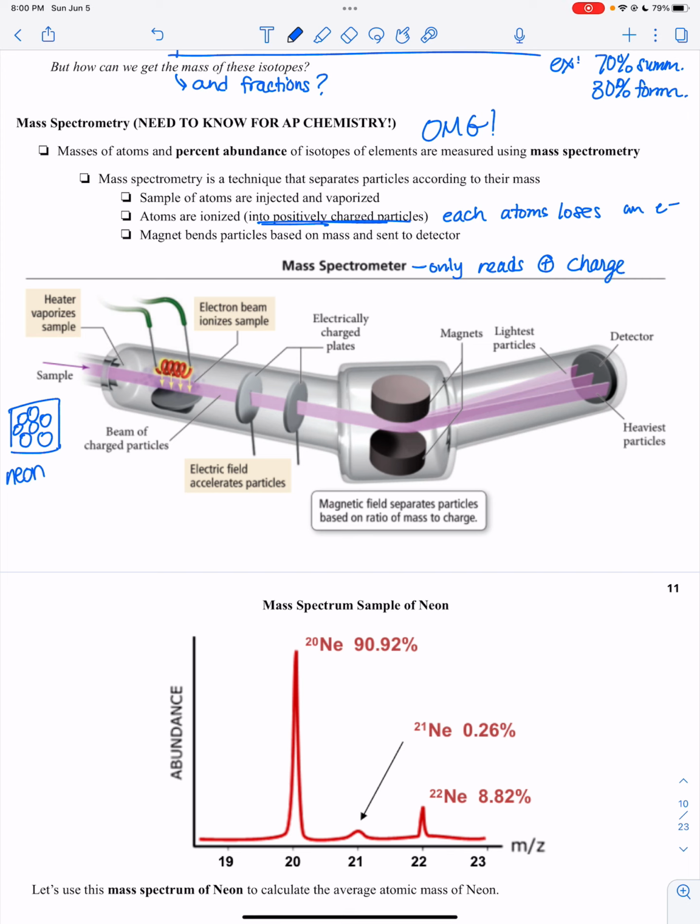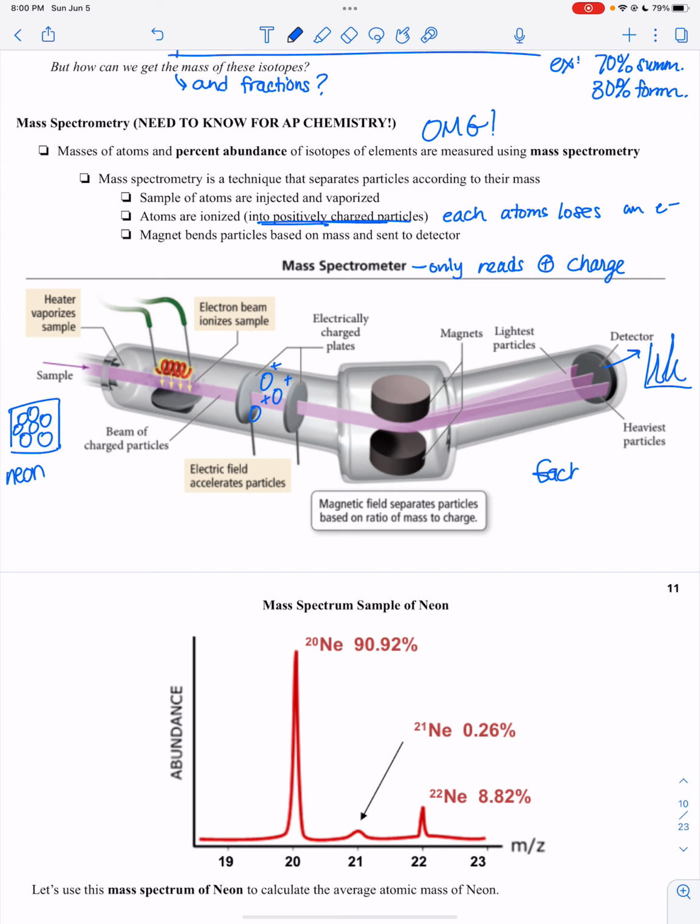So we throw the samples in there, they become charged. So now I have these positively charged particles. Just imagine that these circles with the positive charge are neons with the positive charge. Then they go through the magnets, which bend the particles towards a specific detector, and the detector reads it to a graph. So I'll get a graph, and I'll get different peaks.